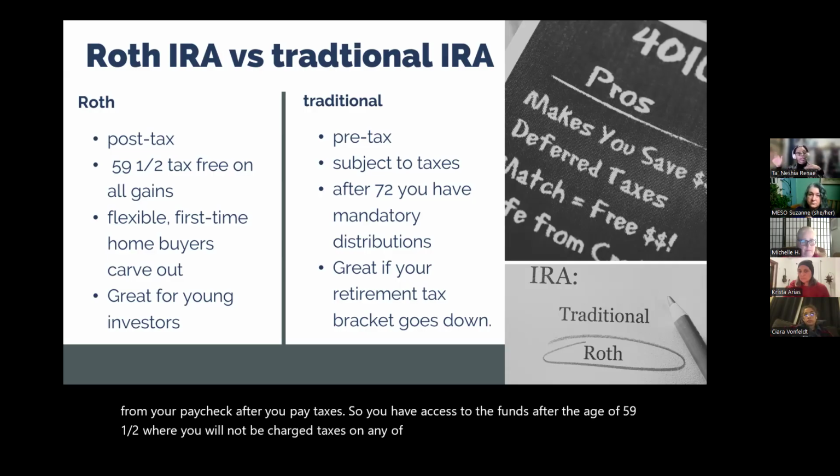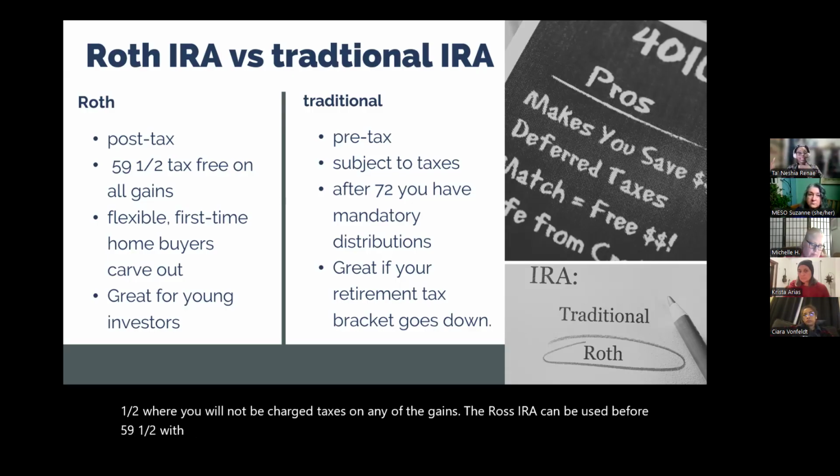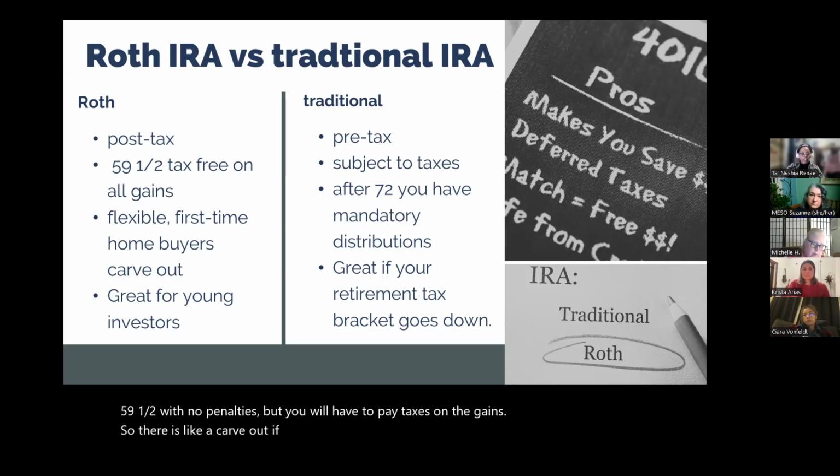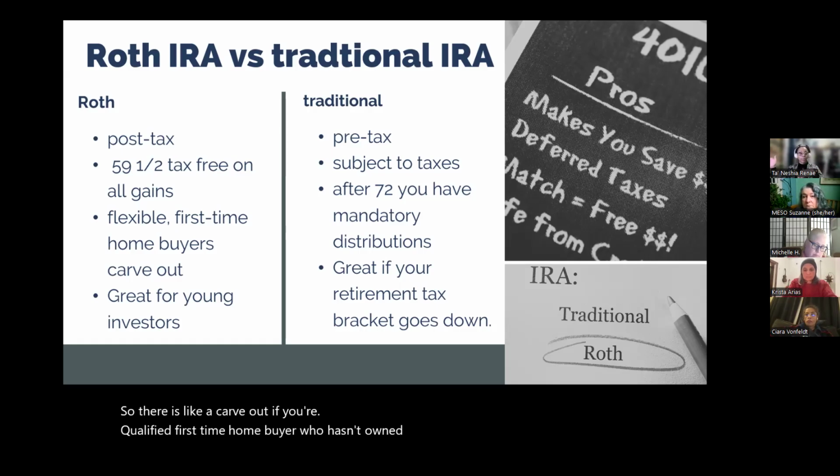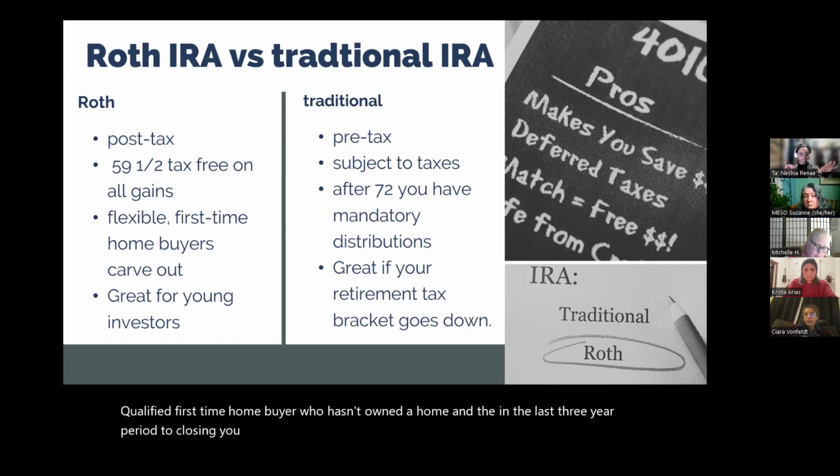The Roth IRA can be used before 59 and a half with no penalties, but you will have to pay taxes on the gains. There is a carve out if you're a qualified first time home buyer who hasn't owned a home in the last 3-year period to closing: you can withdraw up to 10,000 to buy or build your first home without the 10% tax penalty.